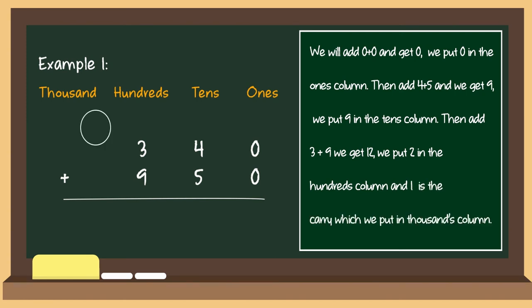We will add 0 plus 0 and get 0. We put 0 in the ones column. Then add 4 plus 5 and we get 9. We put 9 in the tens column. Then add 3 plus 9, we get 12. We put 2 in the hundreds column and 1 is the carry which we put in thousands column.